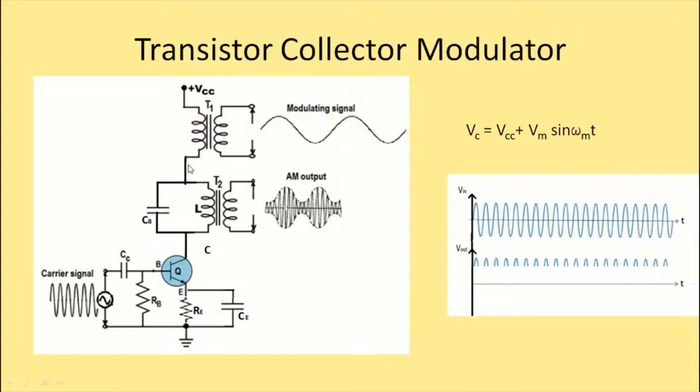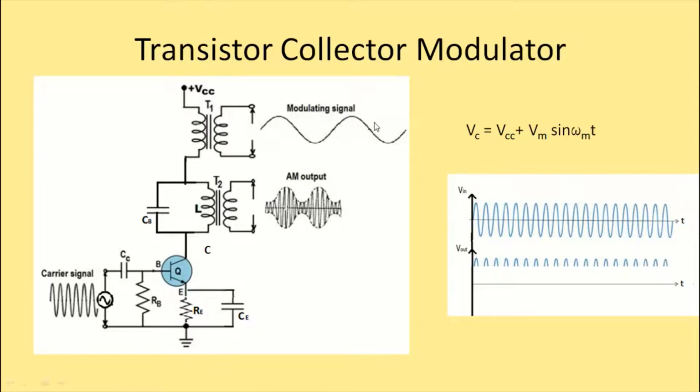In case the biasing voltage here is increased, the amplitude of the spurt increases. And in case the biasing voltage here decreases, then the amplitude of the spurt here automatically decreases. So having this basic idea, let us get into the working of this particular circuit.